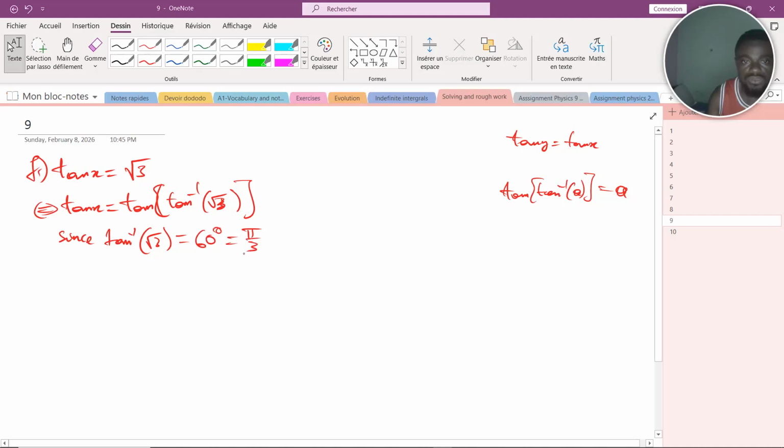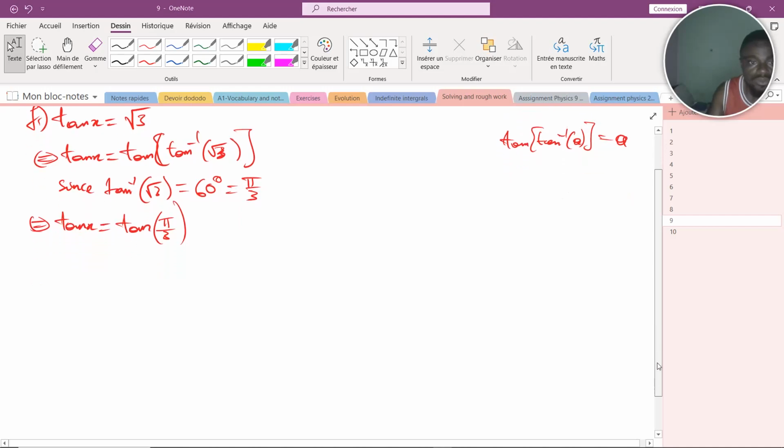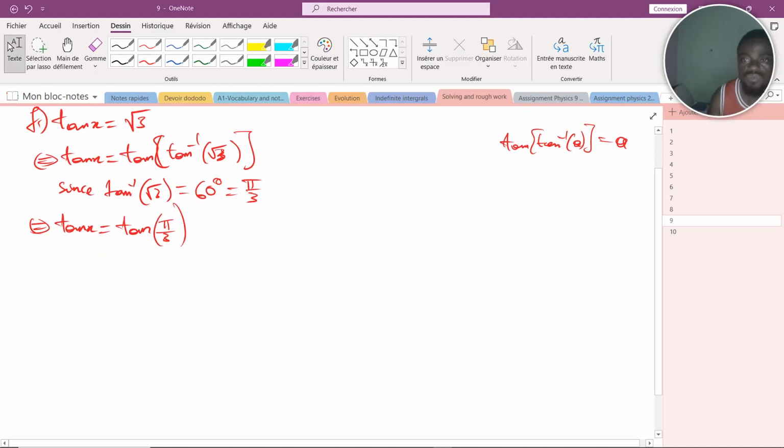Is that okay? So I'll replace this tan inverse of root 3 by pi on 3. So this implies tan x will be equal to tan of what? Pi on 3. Is that okay? Okay, very good. Now we are already at this level.